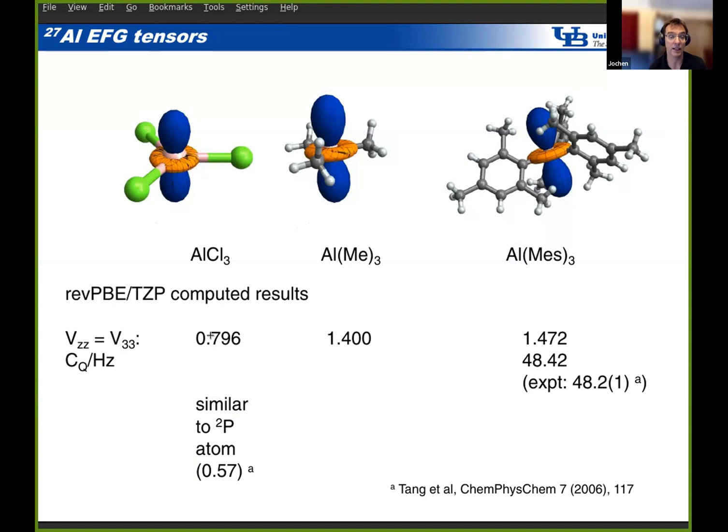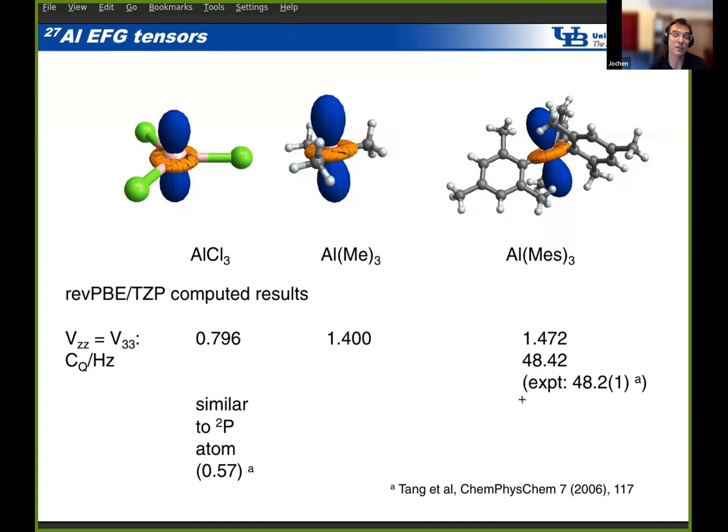So small here in AlCl3, much larger in the methyl compound, and comparable here in the actually experimentally synthesized mesityl compound. And this is converted to the nuclear quadrupole coupling constant. So here the calculation agrees very well with the experiment.